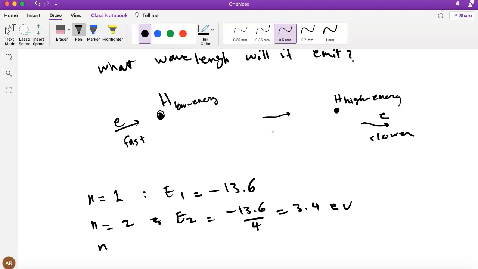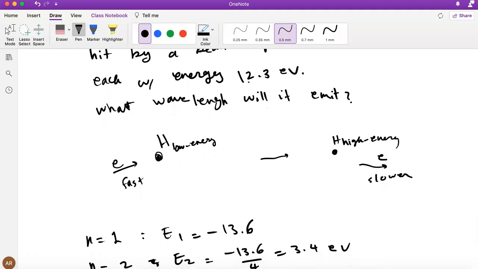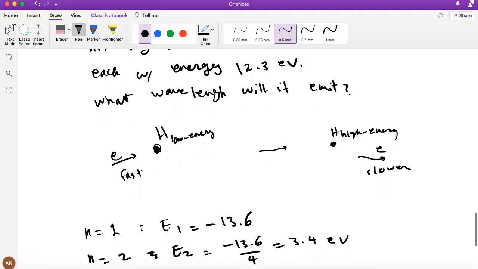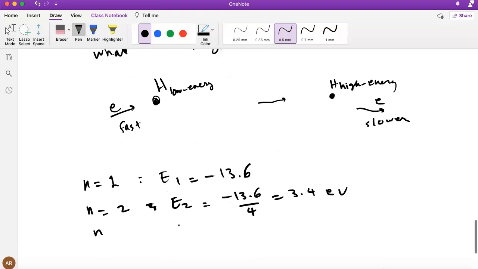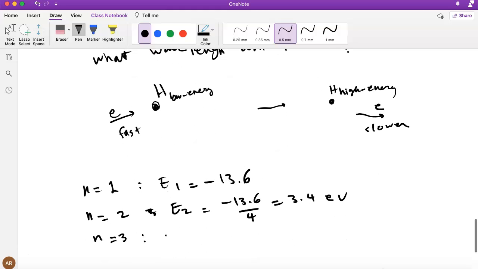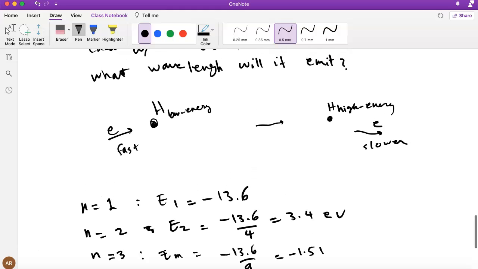So there's definitely enough energy in that electron to excite the atom from n equal 1 to n equal 2. Then n equal 3, E3 is going to be minus 13.6 over 9, right? That's 3 squared.